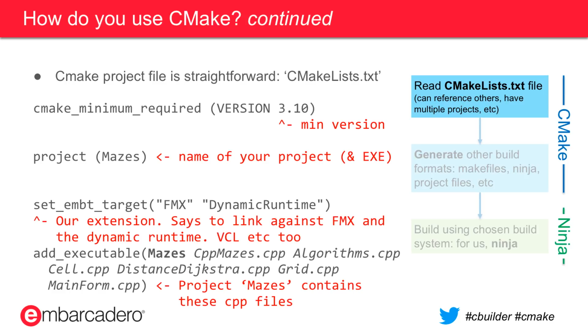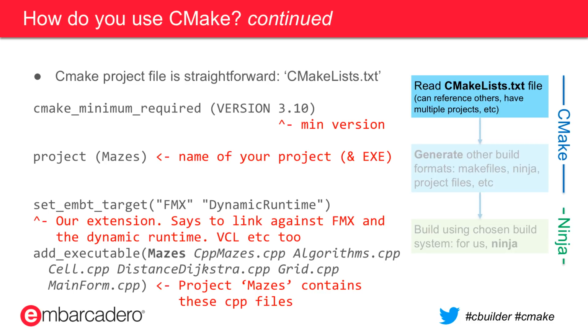It contains 4 parts: the minimum version required of CMake, the name of the project, so here project and in brackets mazes, that means that at the end we're going to end up with a mazes.exe. The third item is set_mbt_target. And that's our extension.